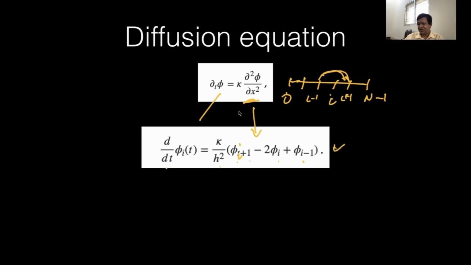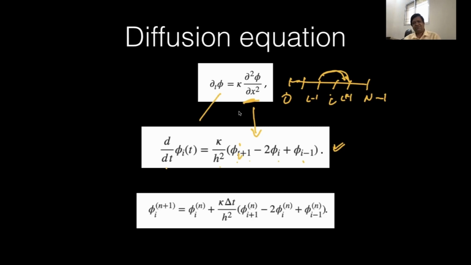Now this is the equation, and what we get is an ODE. We can easily solve it using, let's say, Euler forward. So at time index n plus 1, phi^{n+1} is phi^n plus the right hand side, all computed at n.